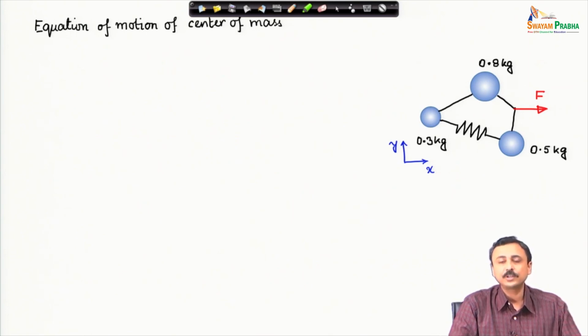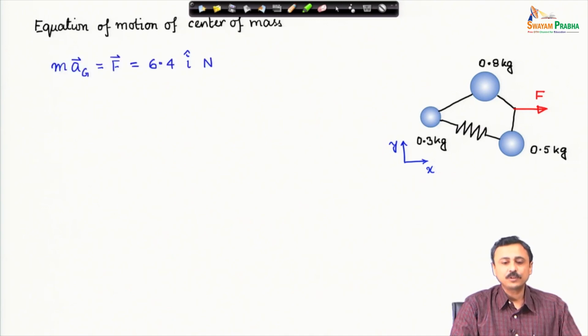We will not be writing for the individual particles, but this generalized Newton's second law for the system of particles is applicable. And as we have discussed, it does not depend on how the particles are interacting amongst themselves. The internal forces all disappear in the final generalized equation of motion, and that is for the center of mass.